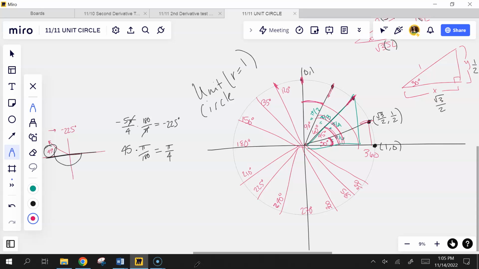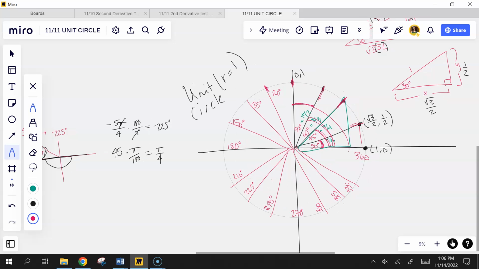Radians. Do you want me just to give them to you, or do you want to calculate them? So that'd be 3. For the coordinates, yes.